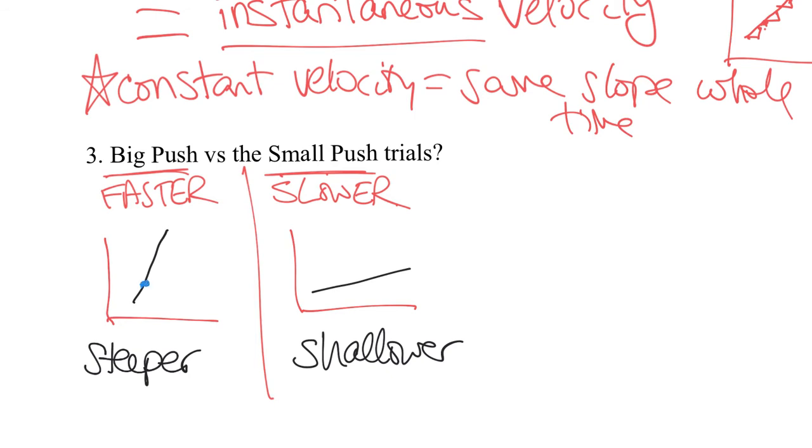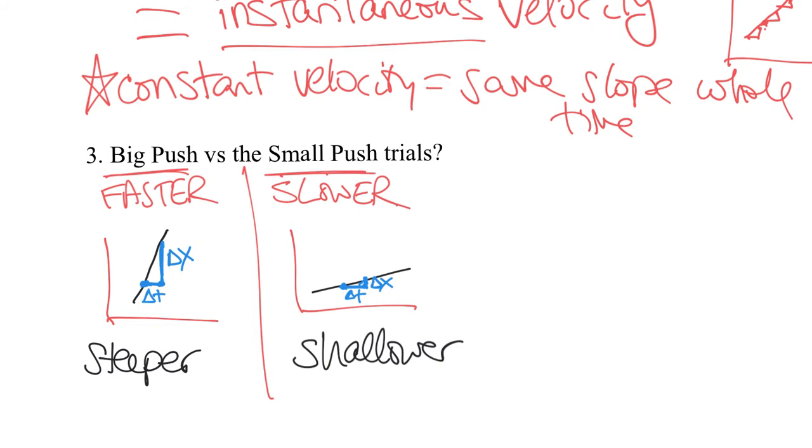Let's say I took the same run, and that run is my delta t, the change in time. Look at my rise. My rise is my delta x.